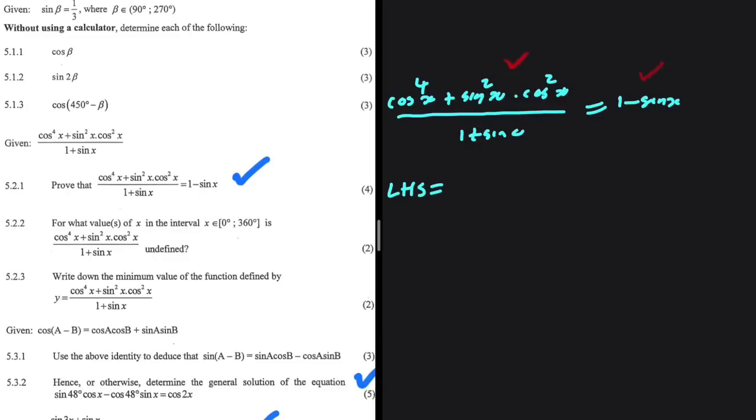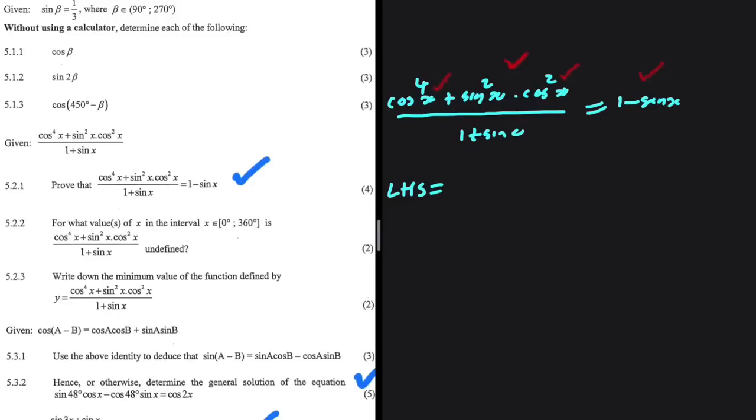Let me show you something. What I'm realizing first is that in the numerator, I have cos of x and cos of x, which I can take as a common factor. In fact, I can take cos of x to the power 2 as a common factor in the numerator.